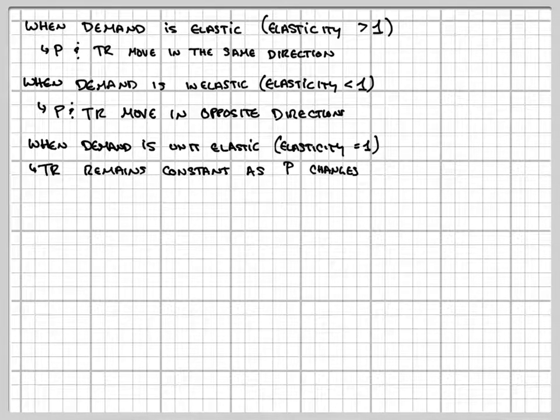So the most common demand curve we're going to use in this class is a linear demand curve, a straight line. And linear demand curves have some interesting properties with elasticity. So a linear demand curve has constant slope, but different price elasticities.